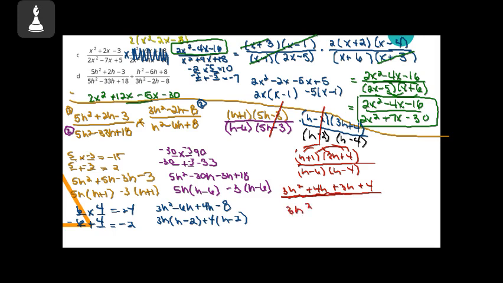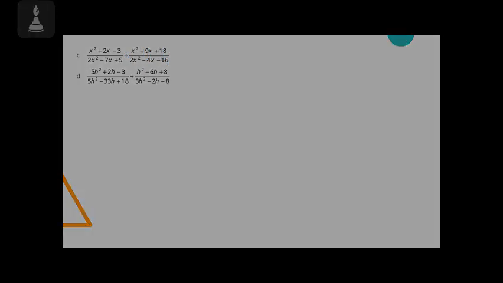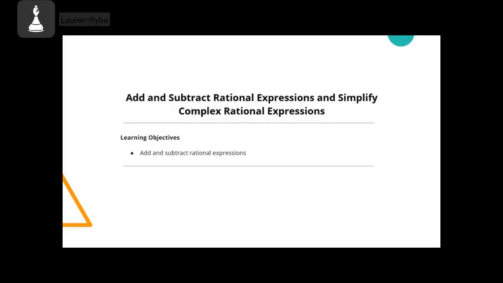We have one more type that we're going to do here, which is adding fractions. As I just mentioned, the last thing we're going to do is add and subtract rational expressions.